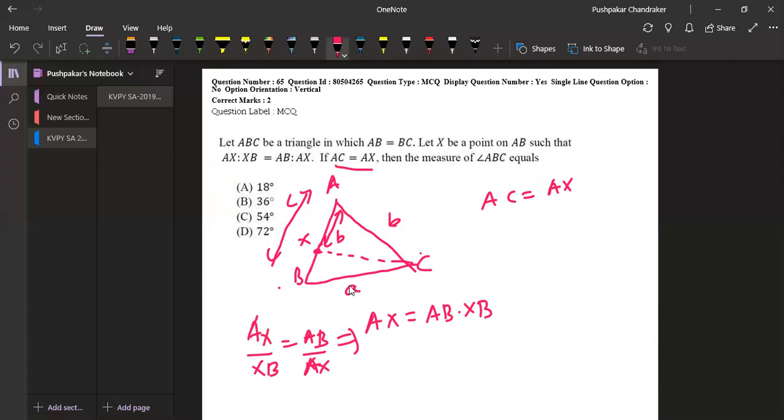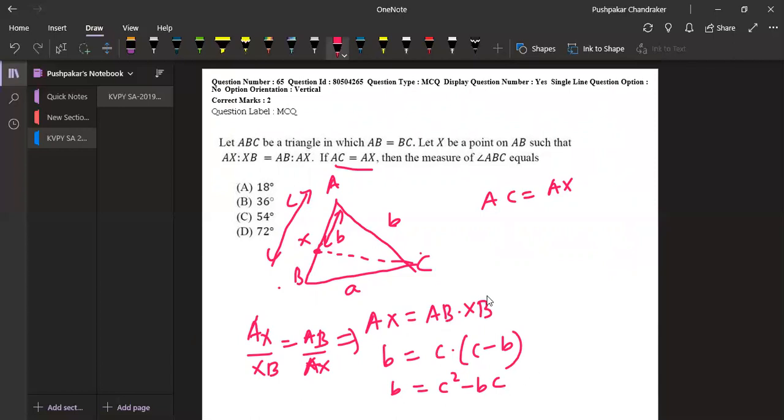AX is nothing but b, as in the diagram. And AB is nothing but c, into XB. What is XB? XB is nothing but c minus b. Right? This total is c, so this part is c minus b. So you get b squared equals c squared minus bc. One equation.